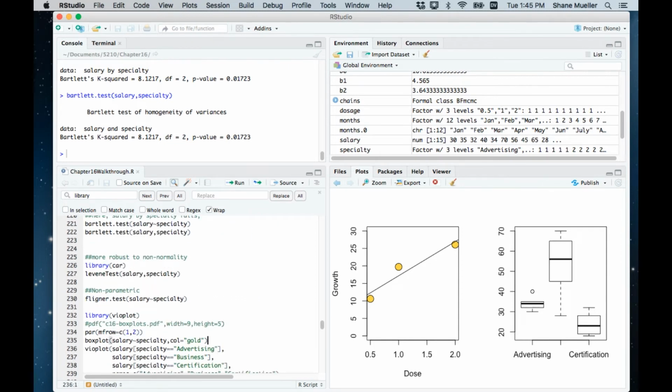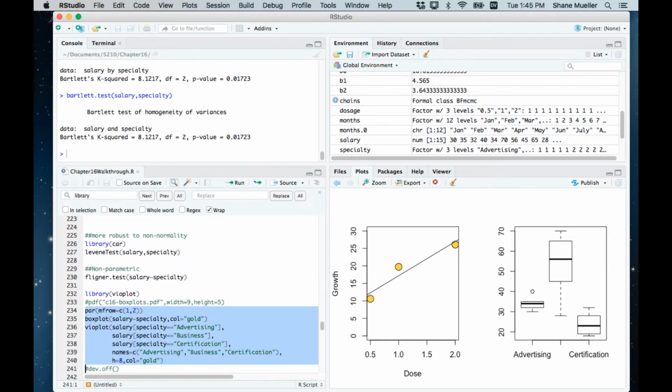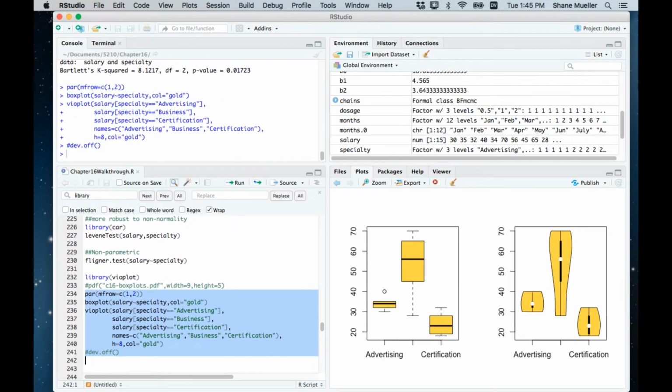So, do we have non-normality? We can check this by looking at box plots, though it's hard to see, or a violin plot. And this indicates that these look pretty symmetric, but this looks pretty skewed. So maybe we really have non-normality, and it's not clear how to handle that in this case.